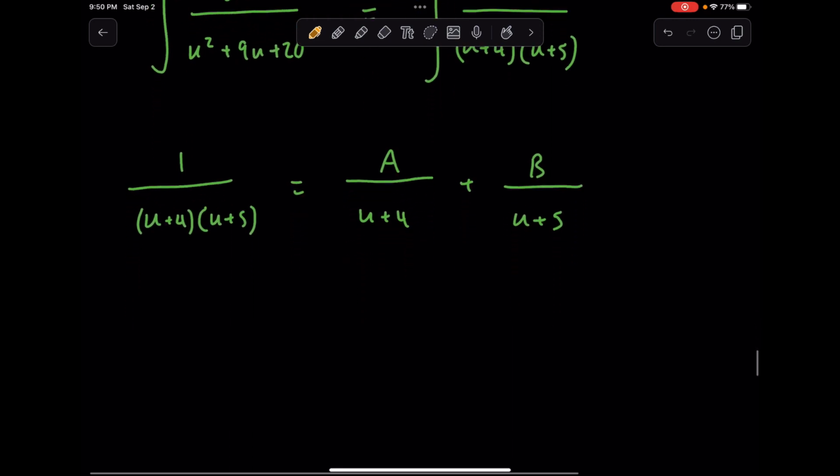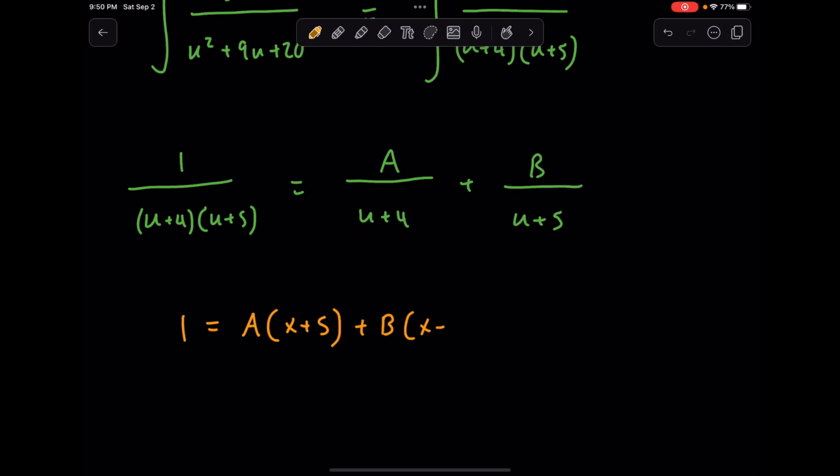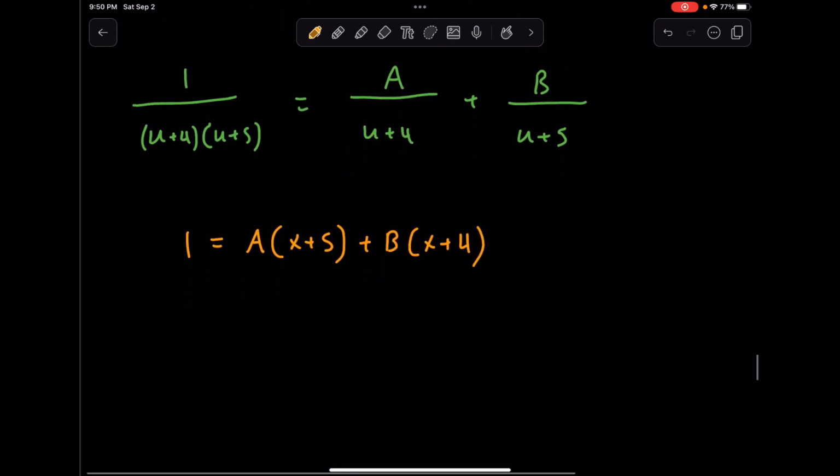Now we need to solve for a and b. So we're going to multiply each term by the denominator. So 1 equals a times x plus 5 plus b times x plus 4. Let's start by solving for a, and to do that we need to get rid of this term by testing when x is equal to negative 4, because that will make this 0 and make that whole term go away.